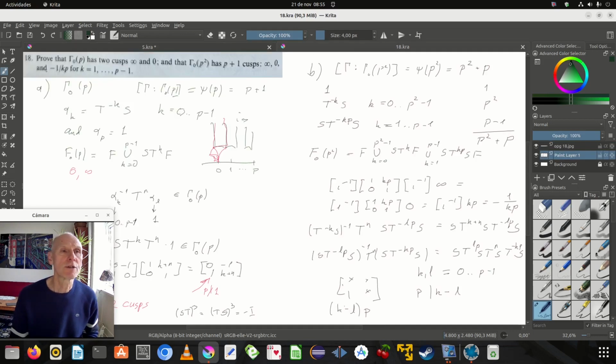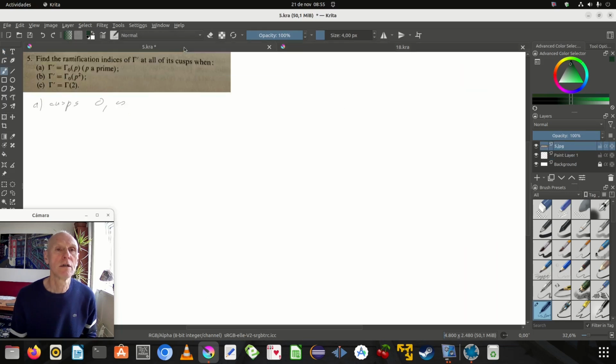That was the result of problem 18 of section 3.1. And again, applying problem 3, we have for naught alpha equals s, and for infinity, we have alpha being the identity.